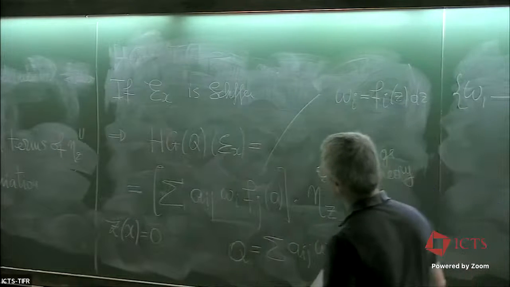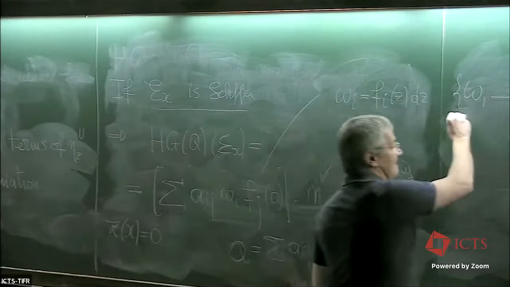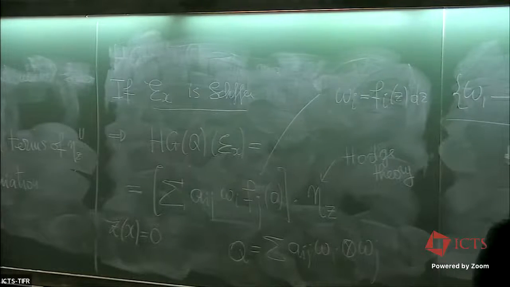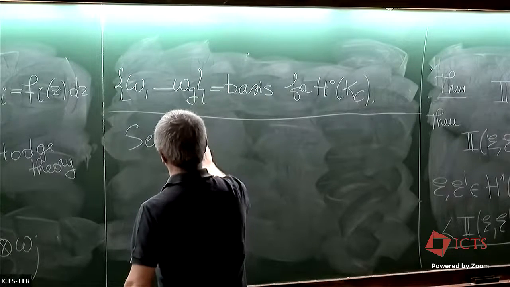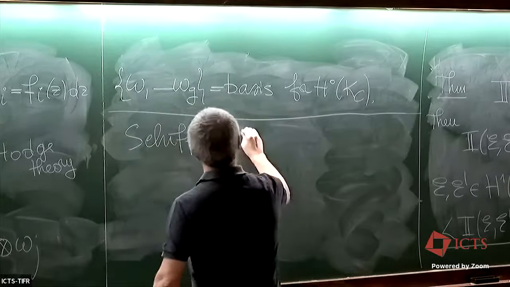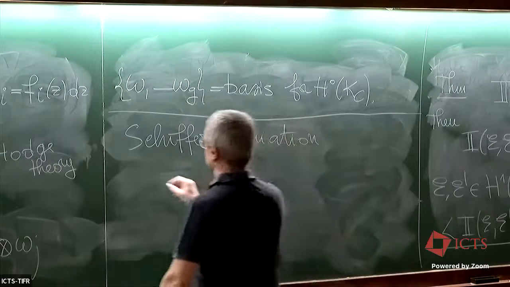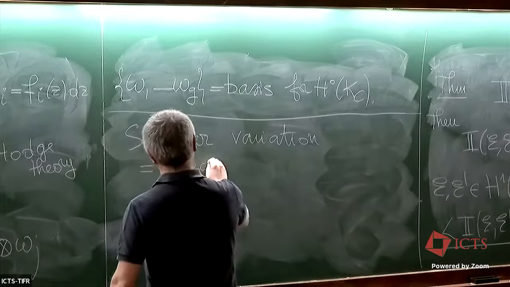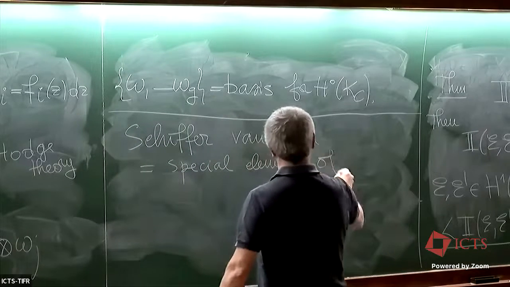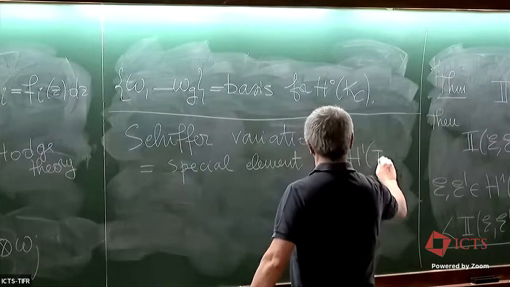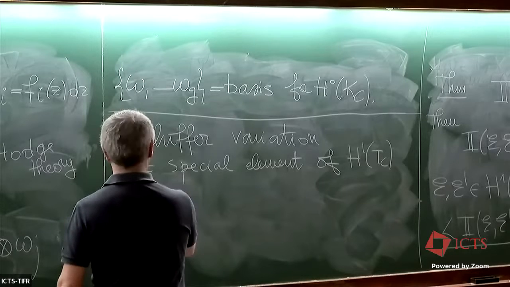Okay, last thing, I might recall what the Schiffer variation is. A Schiffer variation is a kind of special element of H1 of X. They are constructed like this.